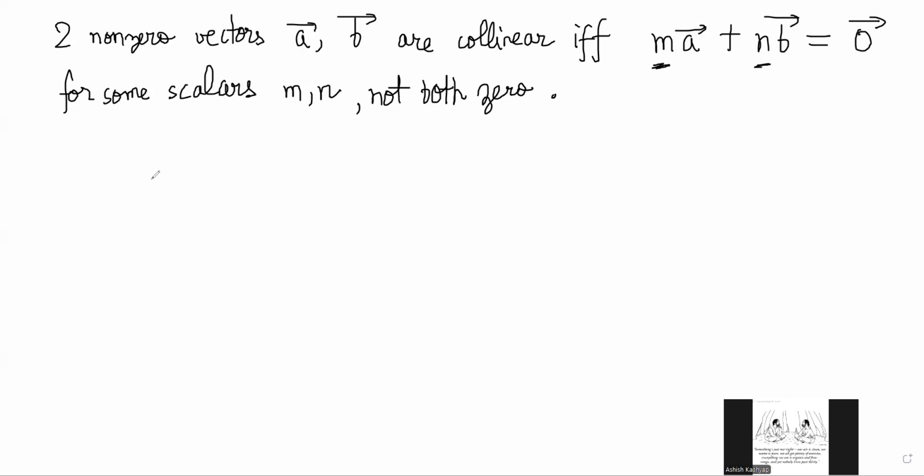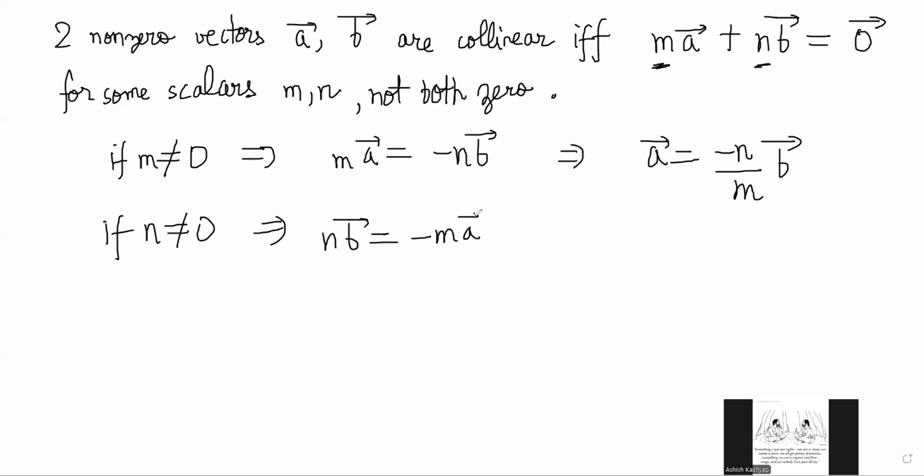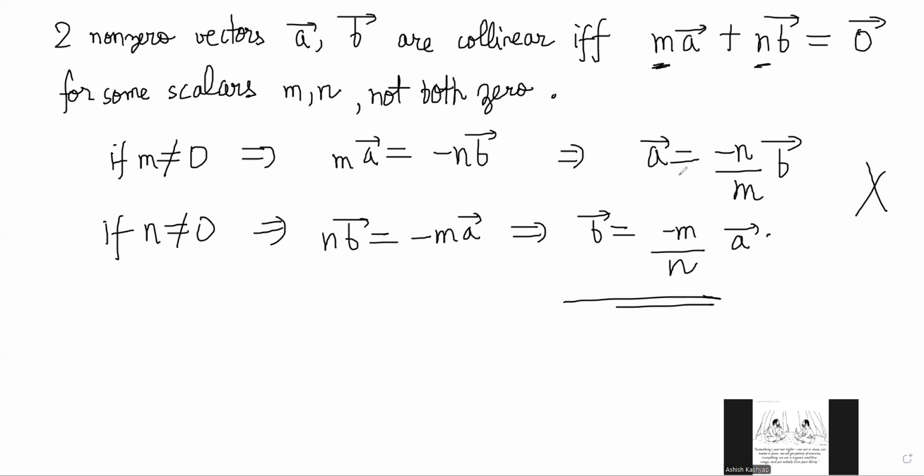If m is not equal to 0, then mA is equal to minus nB, and therefore we can write A as minus n by m into B. If n is not equal to 0, then nB is equal to minus mA, and we can write B as minus m by n into A. So both not being 0 implies that one of them can be written in terms of the other multiplied by a scalar. If both are 0, we can't write this, and then it will not be collinear. This is a very important idea.